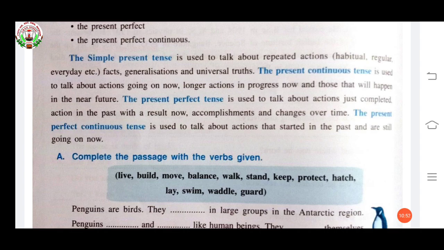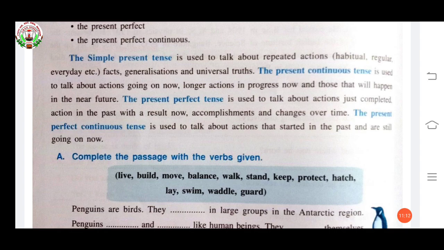Everyone knows this, no one can say that in my country the earth is square shaped. Okay, so universal truth, this is called simple present tense. Your mother loves you means every day she loves you, this is called simple present tense.